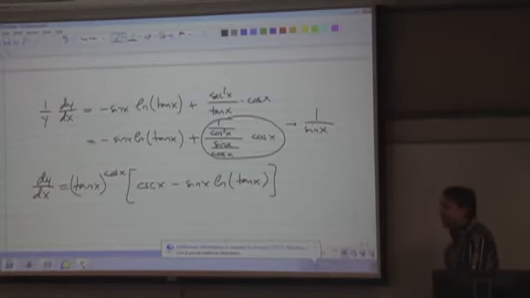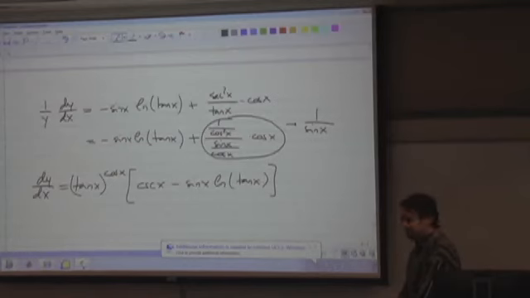I don't want to see anything related to the power rule. I don't want to see "the derivative of x to the x is x to the x minus 1" or some other combination of things. Is that making sense? Okay. What else?